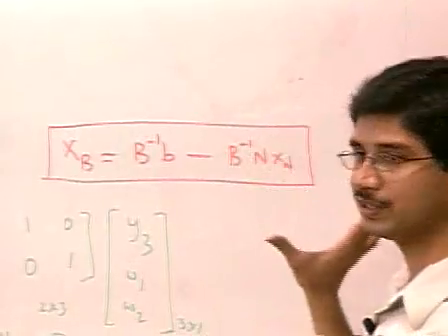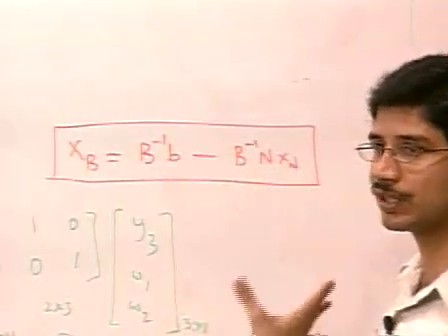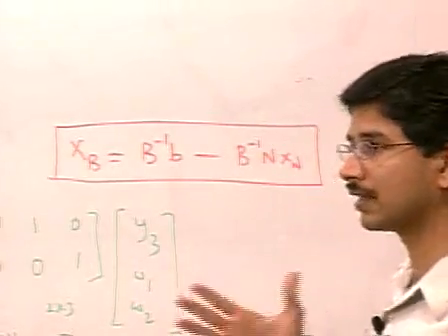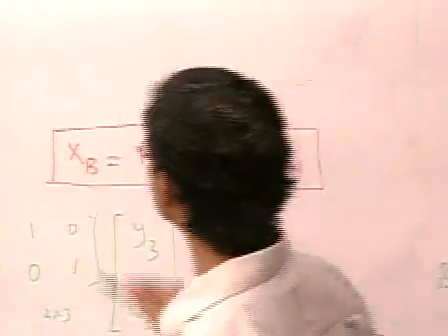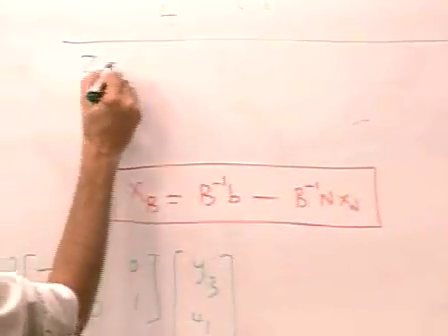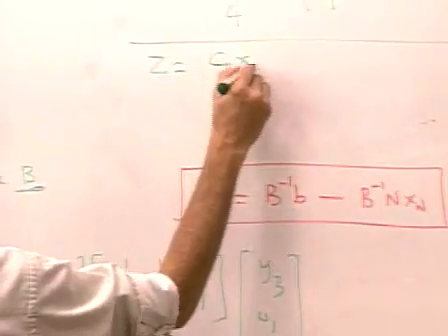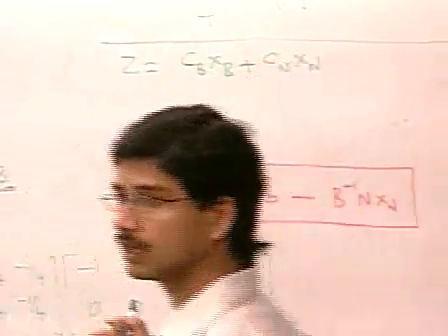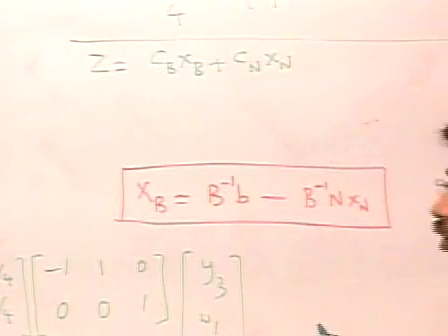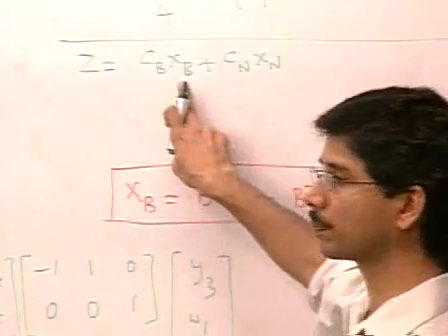Let me quickly just write down the expression. I'm not going to evaluate it, and that will be the basis for the proof of strong duality in the next lecture. So the last row is just Z equals CB XB plus CN XN. Okay? Now this violates the dictionary format because XB is not allowed to appear here.